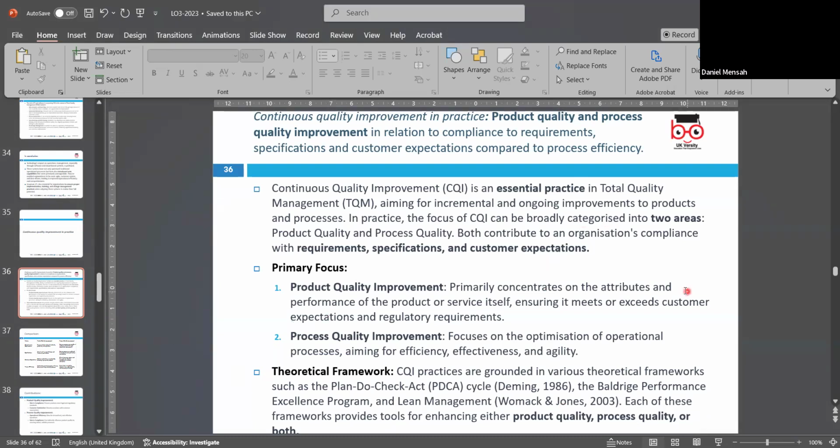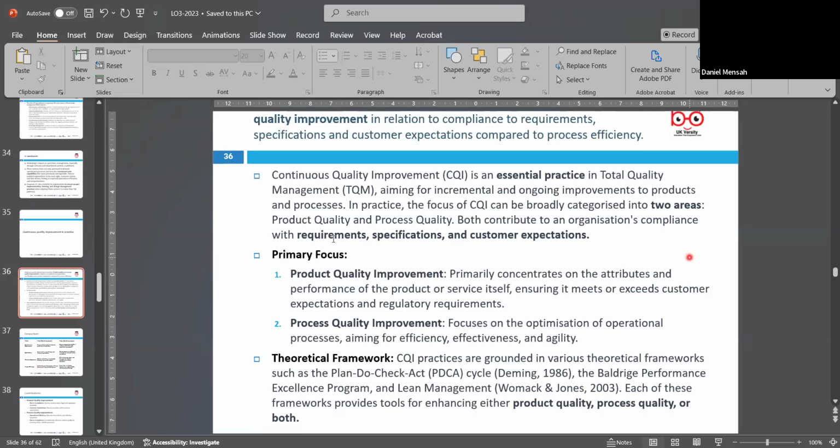So there is a kind of criteria which helps us to differentiate between two concepts: requirements specification and customer expectation. We will explore that in the next slide.